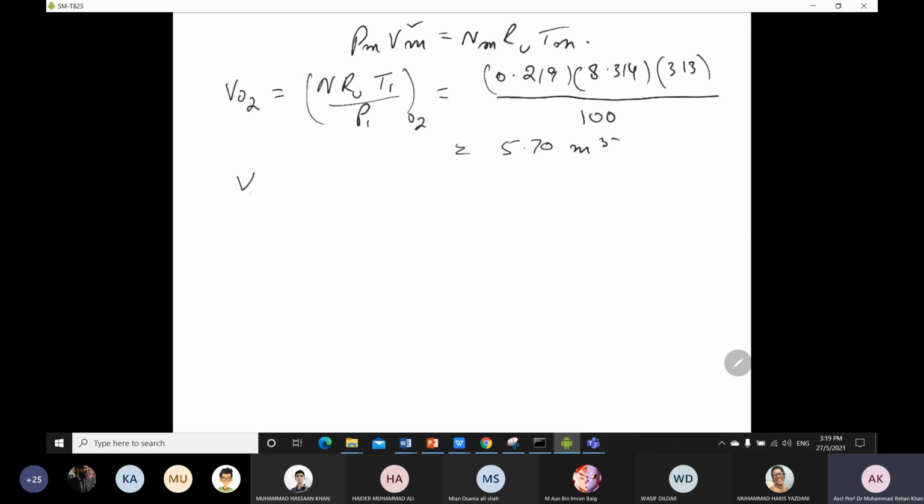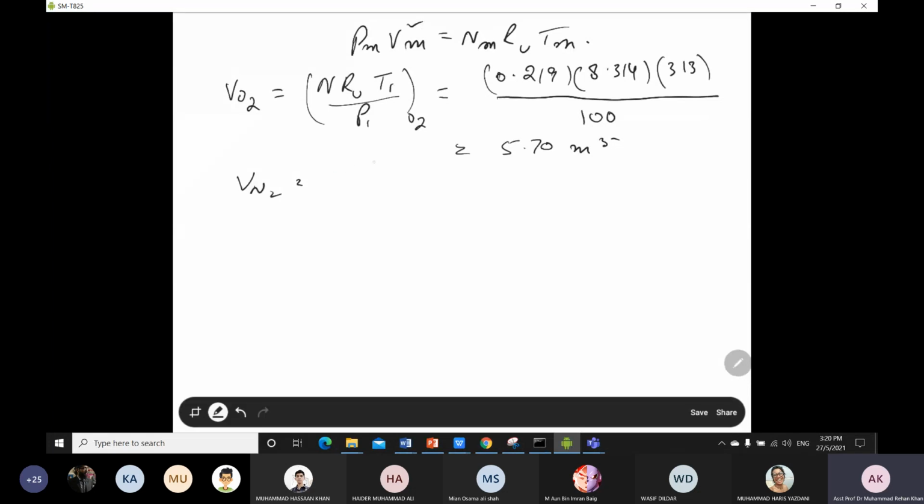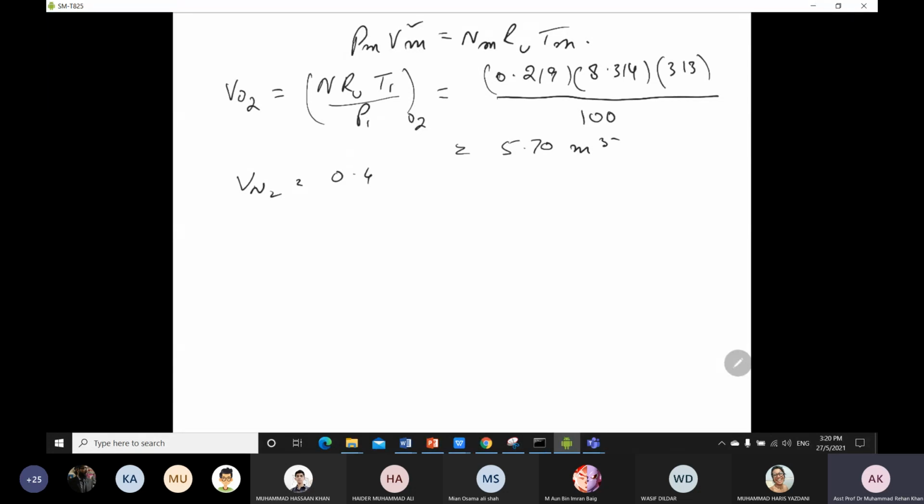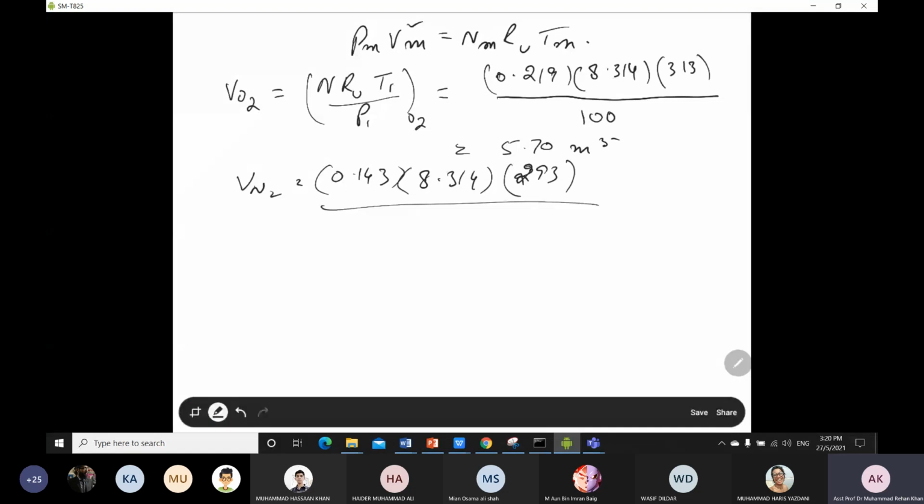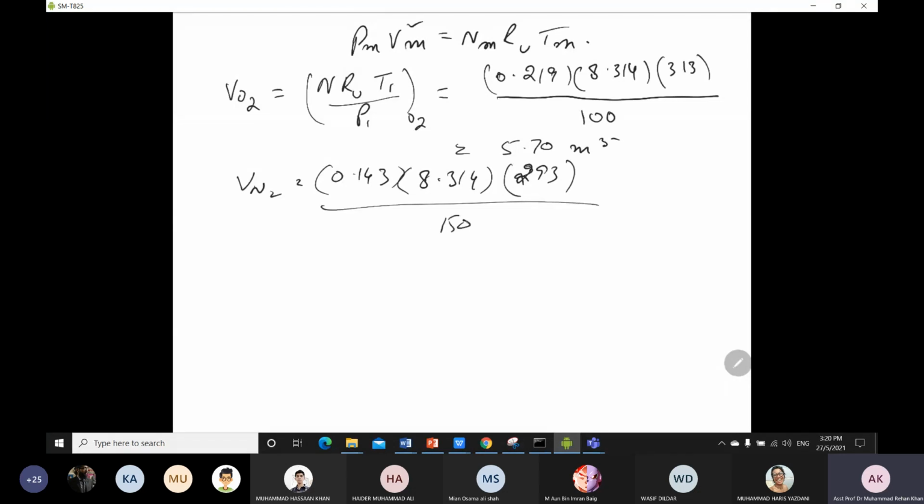In a similar way, you have to find the volume of N2, using the same relation by just replacing the values for N2. Here we use the number of moles for N2, which is 0.143 kilomoles, 8.314 universal gas constant, and 293 Kelvin, divided by the pressure of the N2, which is 150 kilopascal.